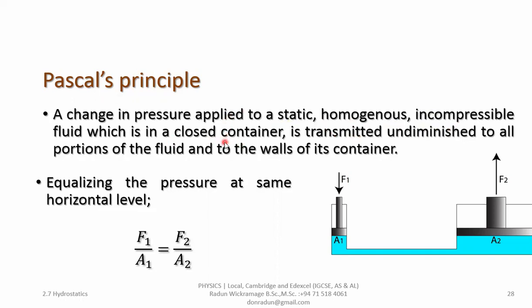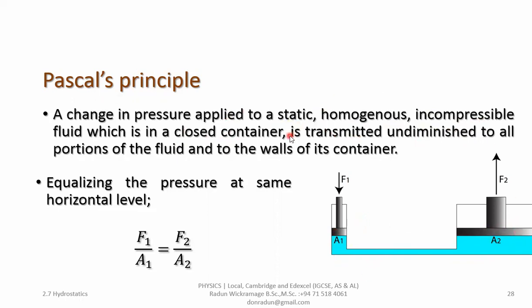And it should be a closed container. The volume is confined only to this space. The volume should be constant because it is incompressible. Even though we apply pressure, the volume does not change. So the volume has to be confined to this environment, this space.